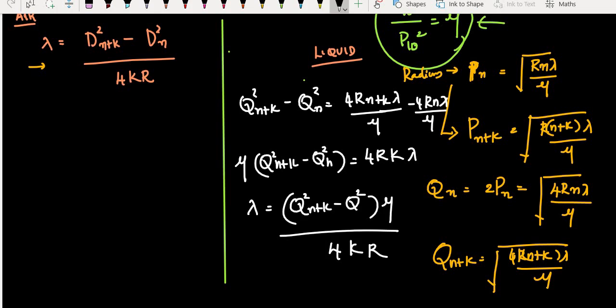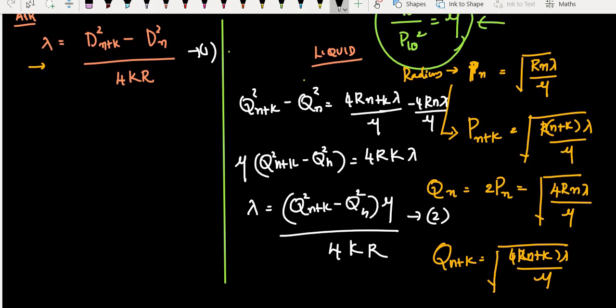That is the equation in the case of liquid, where Qn plus k is the diameter of the n plus kth dark band and Qn is the diameter of the nth dark band.